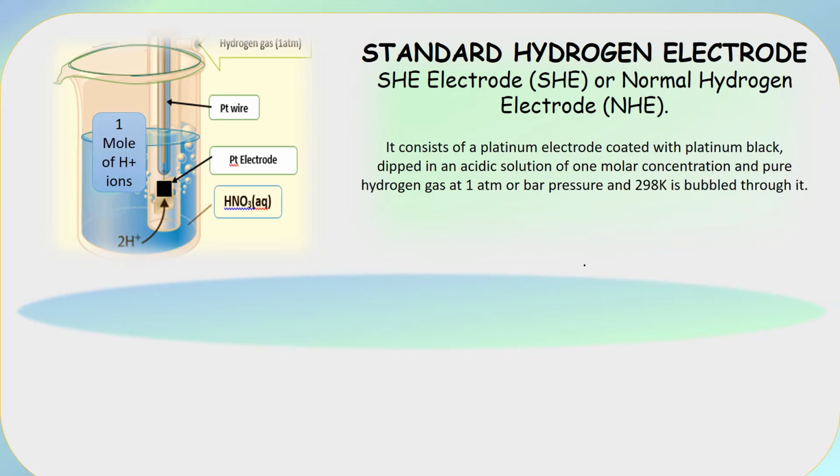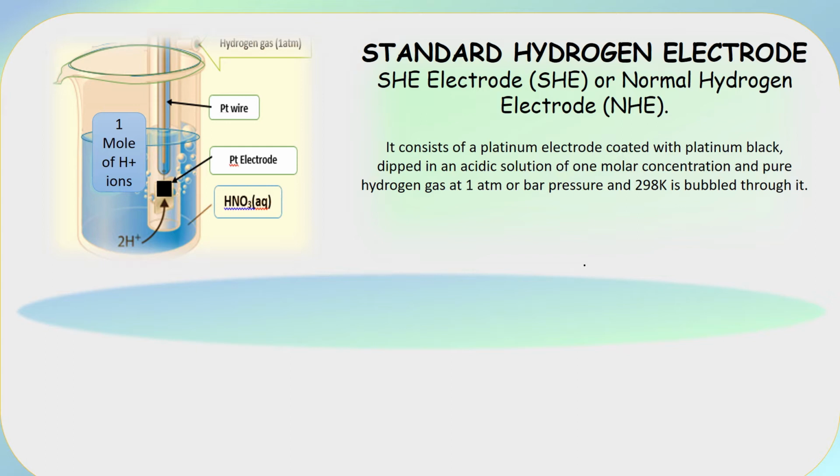The whole arrangement is kept at 298 Kelvin. Therefore, the concentration is 1 molar and the temperature is 298 Kelvin. The electrode potential of this hydrogen electrode is taken as 0.